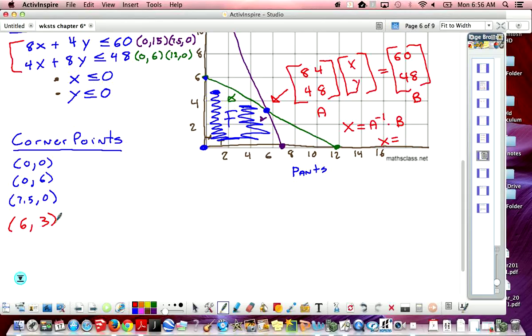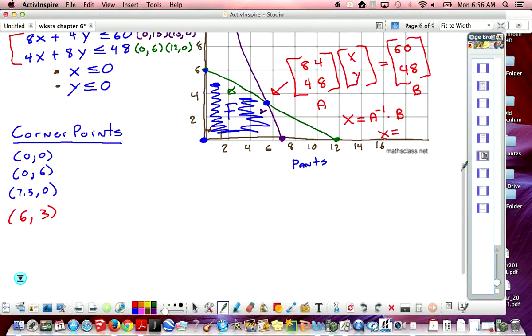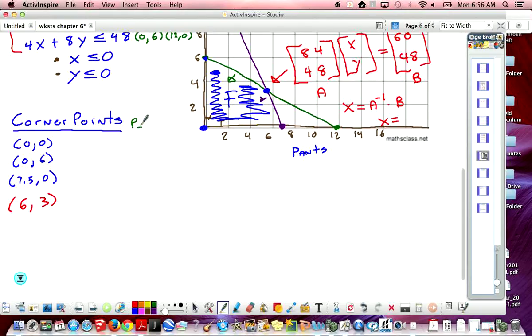So now, once I have my corner points, just got a couple more things to do. I'm going to take my objective function, and again, if I look back up here, it is 2x plus 1.5y. So p equals 2x plus 1.50y. I'm going to plug in all of these values to solve for the profit. Now, I always just tend to show the work, but I know if I don't make any product in this case, I'm not going to make any profit.